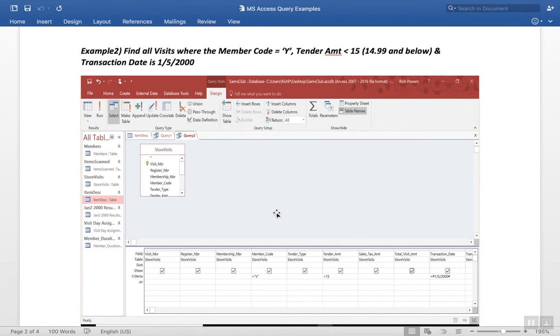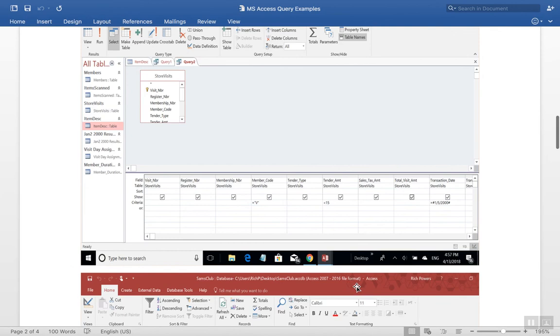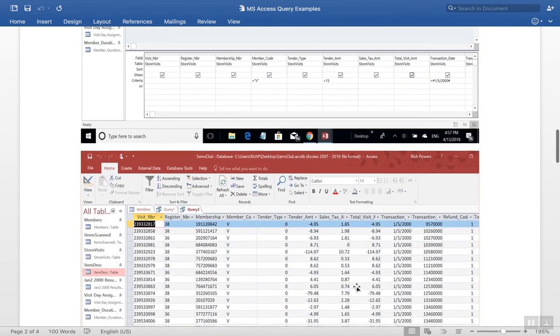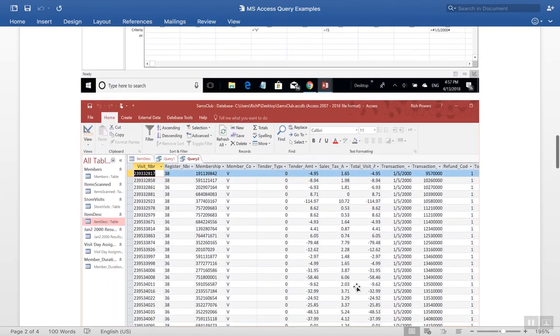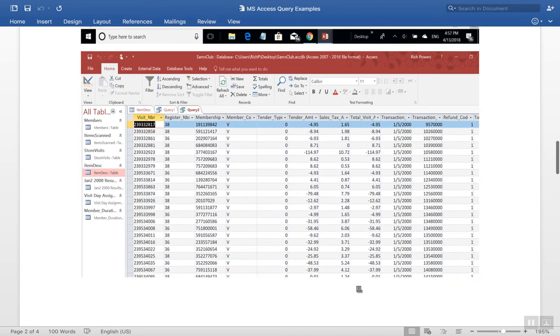We're looking for everybody with a member code of Y, a tender amount less than $15, which means $14.99 and below, and a transaction date of the 5th of January 2000. So this is all of the transactions that meet that day.